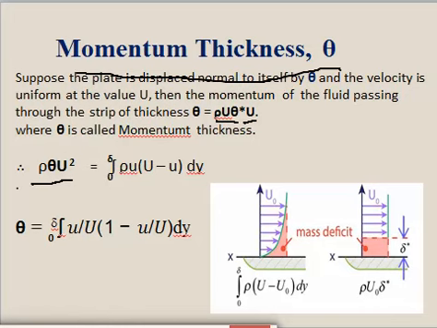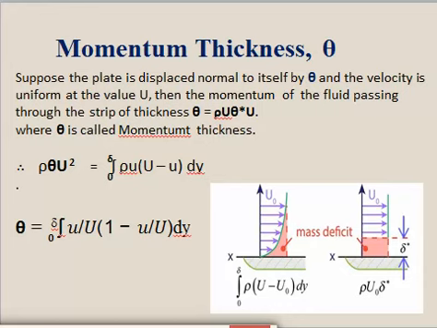So these two quantities, the reduction in momentum due to the presence of the boundary layer and the second quantity ρ U² θ, that means the thickness by which the plate should be moved in order to compensate for this reduction in momentum, could have been the same.